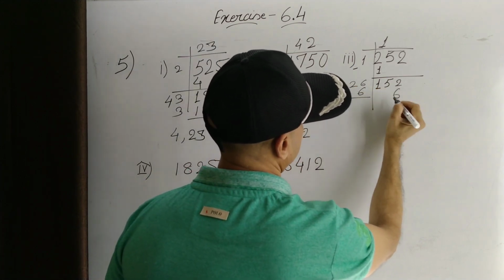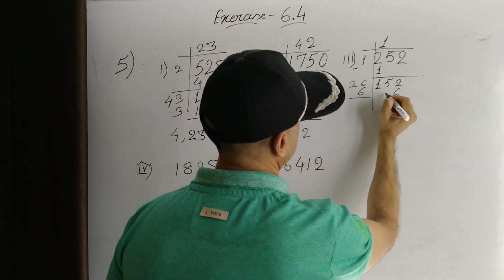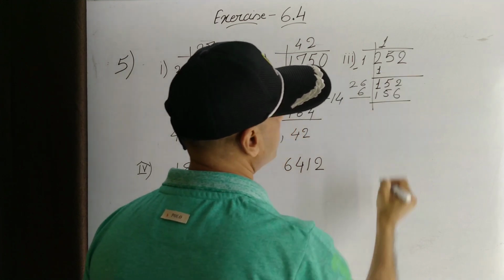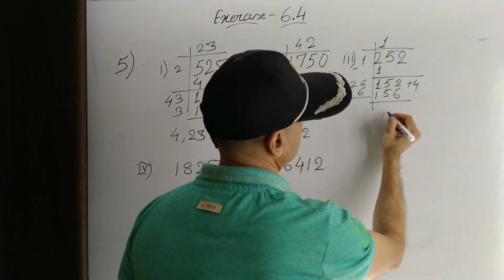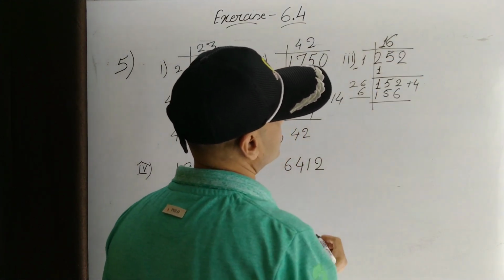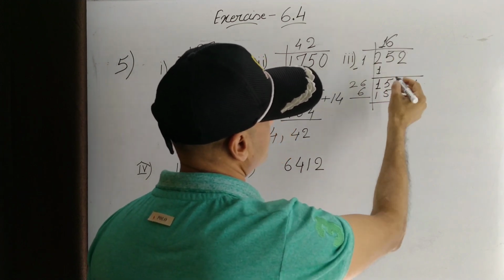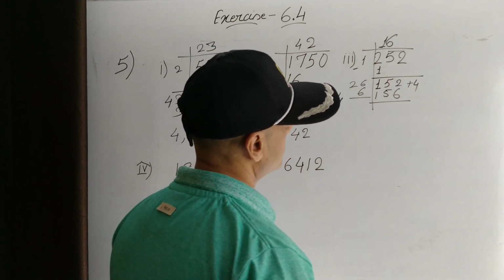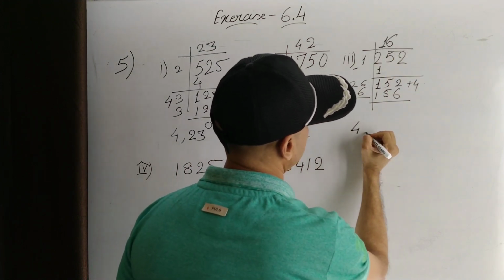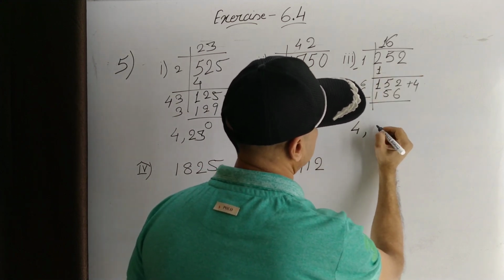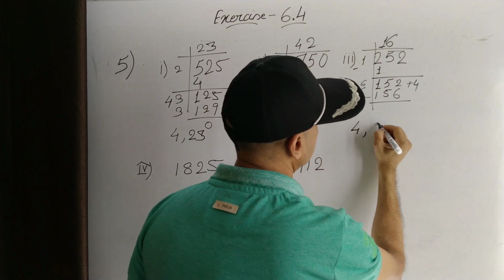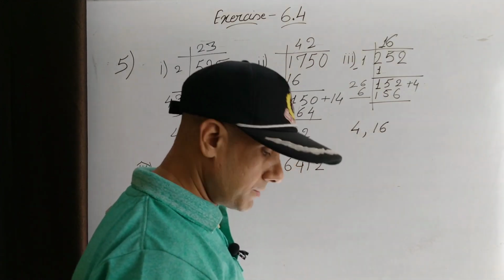So that's 36 and 156. And if we add 4 to this, we'll have remainder 0, and 16 will be the square root of the new number obtained. So we'll have to add 4 to 252 to make it a perfect square, and the square root of the new number obtained will be 16. Clear?